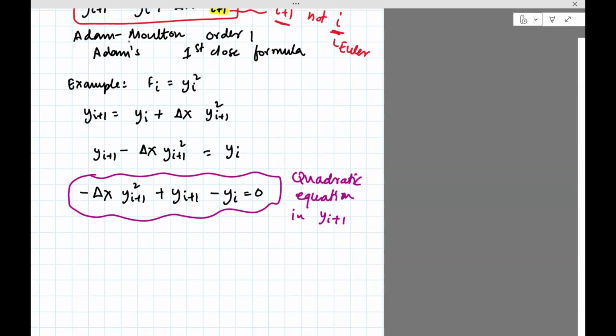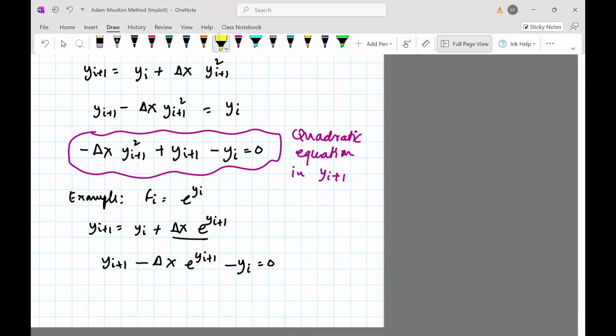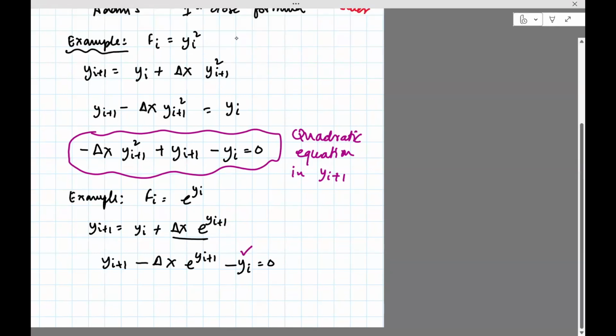Another example, if you really want to see how root finding comes into play: if you take f of i as e raised to y_i, then y_{i+1} will be y_i plus delta x e raised to y_{i+1}. And now you have y_{i+1}. I'm going to move this to the other side, minus y_i equals 0. This is, by the way, known.